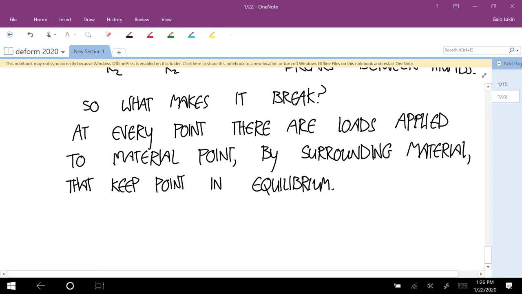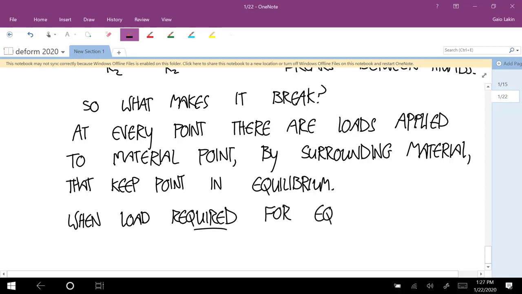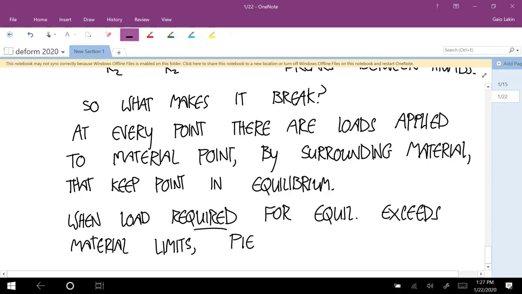And when the load required for equilibrium exceeds what the material can produce, then the pieces accelerate, and that's what a fracture is.